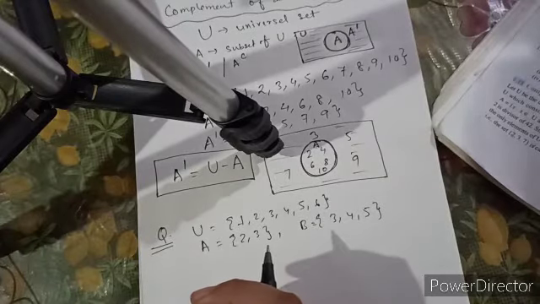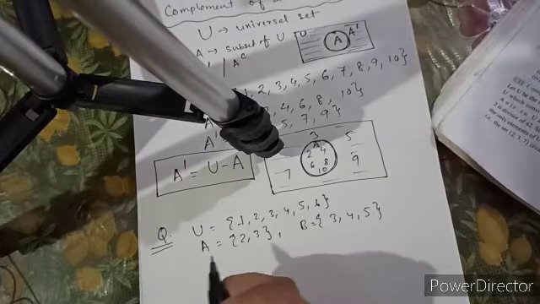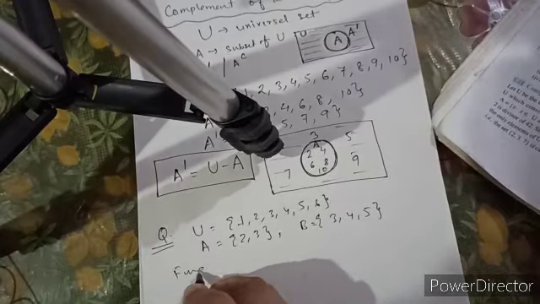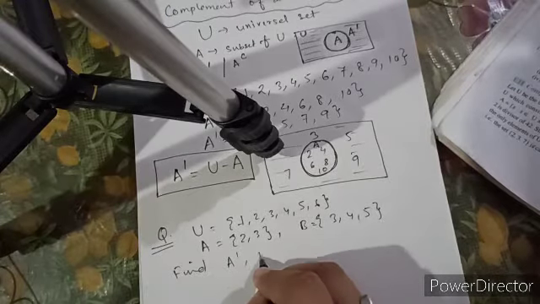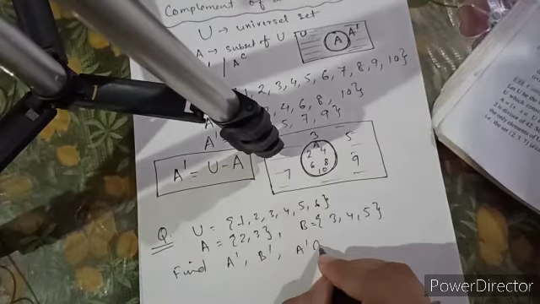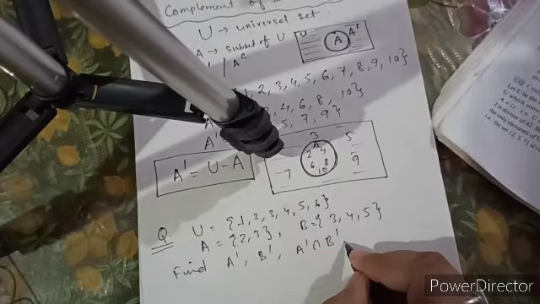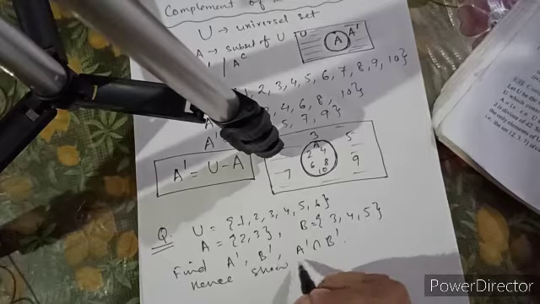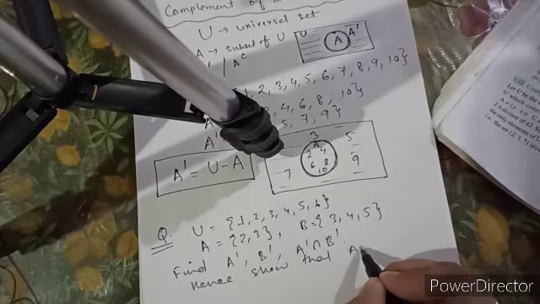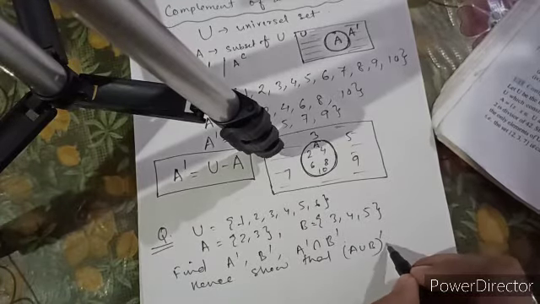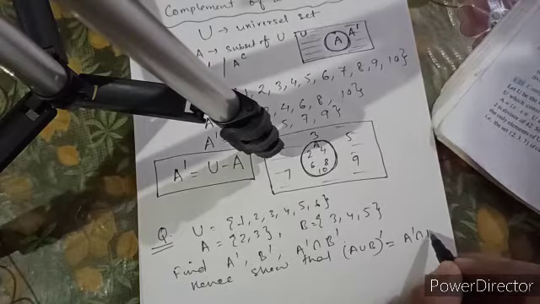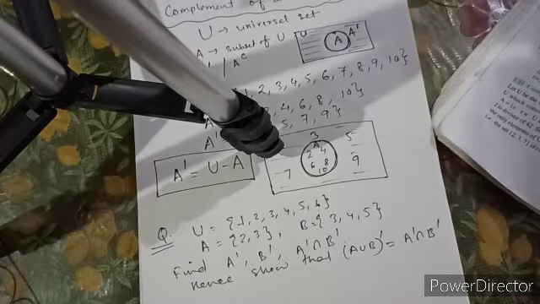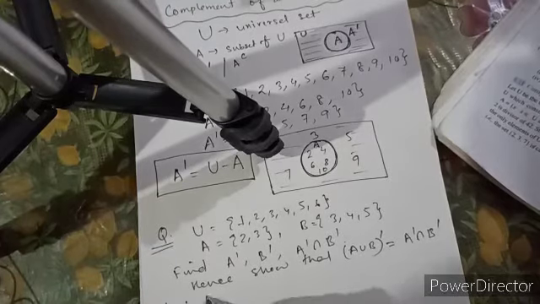You have to find A dash, B dash, A dash intersection B dash, and hence show that A union B complement is equal to A complement intersection B complement. Let us see how you will do this question.